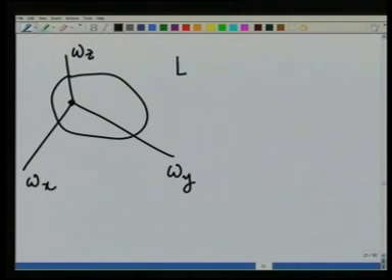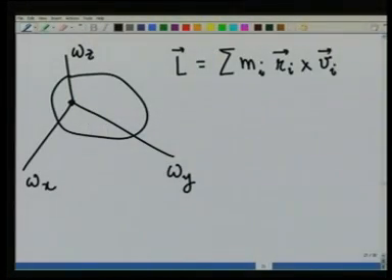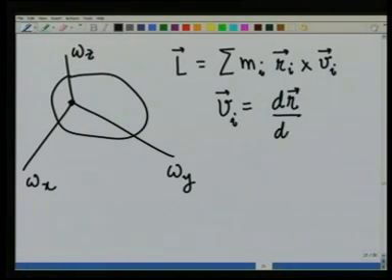The angular momentum vector L is given as summation over i of mi Ri cross Vi, and we just saw that I can write Vi, which is nothing but dRi over dt, as omega cross Ri.